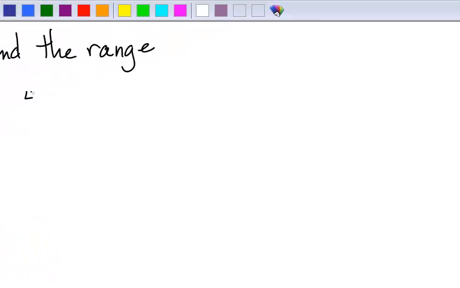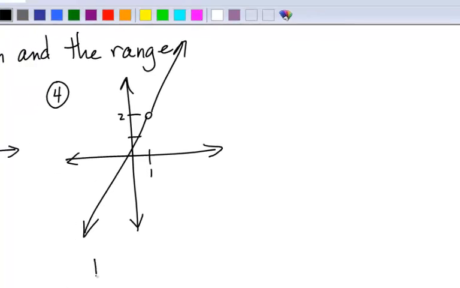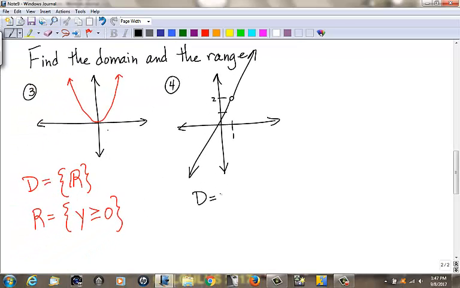Okay, let's try another one. On this one, I want you to put an open circle. Okay, and this is 1 and this is 2. Okay, and just sketch the line. Now, if you extend these lines on out, go left to right. Am I leaving out any x values?